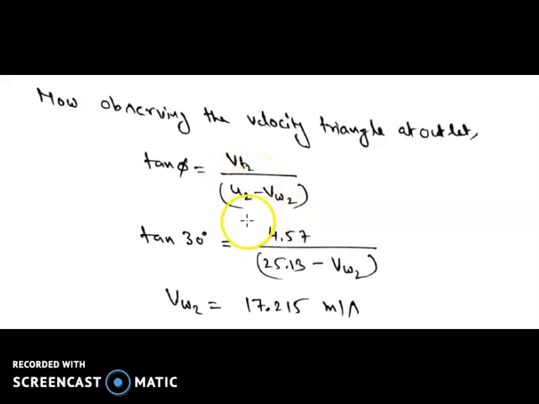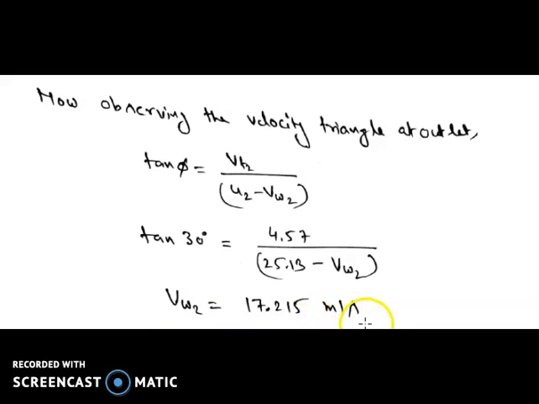Vf2 we already know, it is 4.57 meter per second, and U2 we have already calculated as 25.13 meter per second. Phi is given as 30 degree, so tan 30 is equal to 4.57 divided by 25.13 minus Vw2. From here we can calculate the value of Vw2 as 17.215 meter per second.